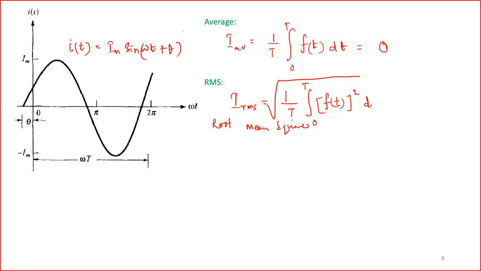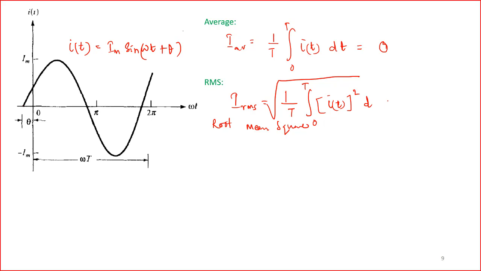So we are taking the mean value of the square and taking the square root of it. Here instead of f(t) you can write i(t). Okay, now this will give us the RMS value, right?